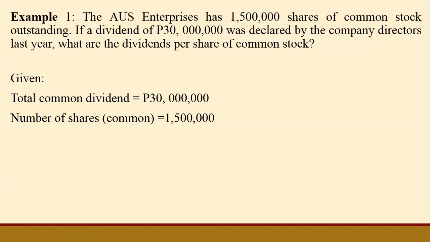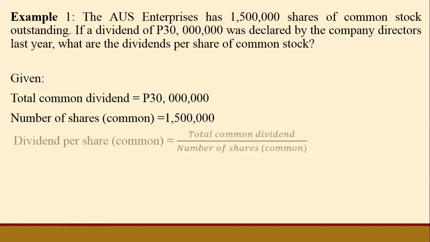So we're going to find the dividend per share, which is equal to the total common dividend over the number of shares for common stock.